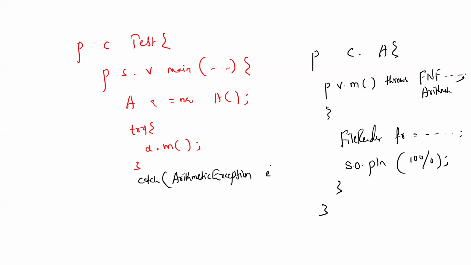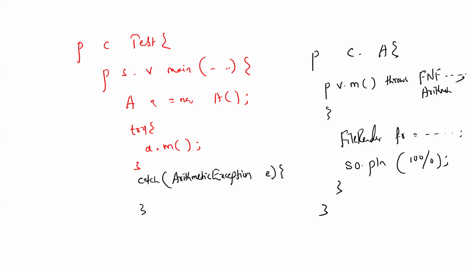In the previous scenario, if you remember, an exception occurs but no match to the catch block. Normal termination or abnormal termination? Abnormal termination. In that scenario, what should I do? I'm not sure whether I'll get arithmetic exception or not, but still I have to correct my code.